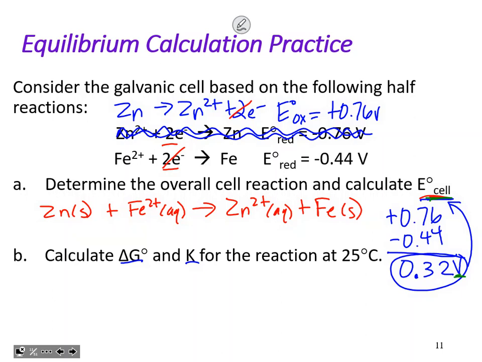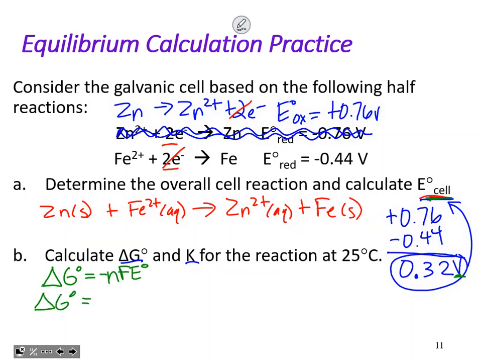Anybody remember? We just went over it. It's going to be delta G equals the negative nF E cell. This is the one we want to use here. So we're going to go ahead and plug everything in.